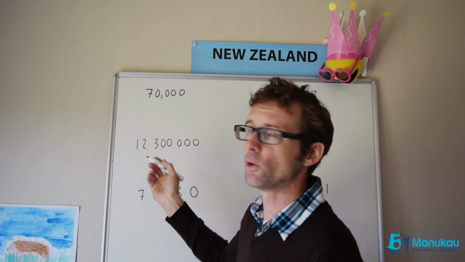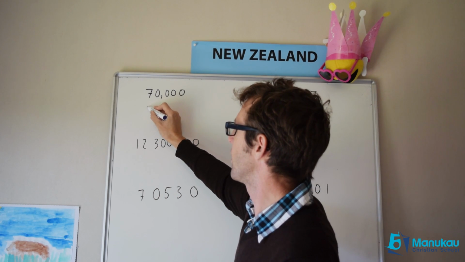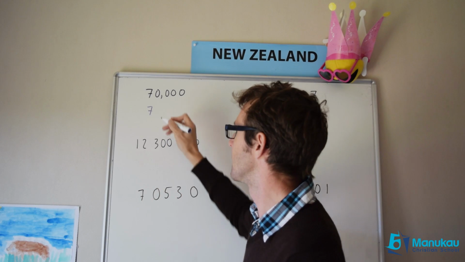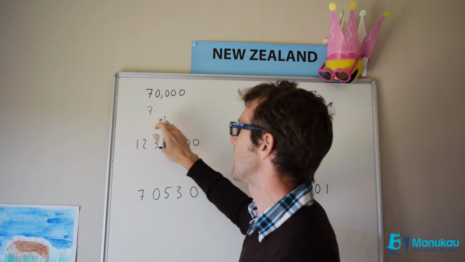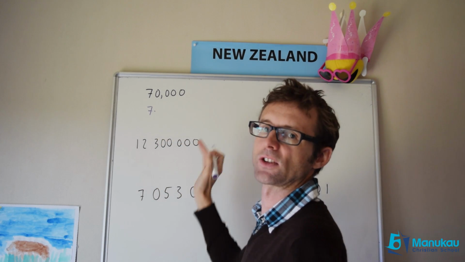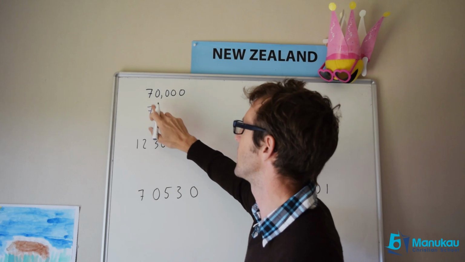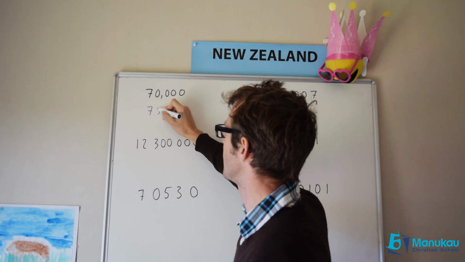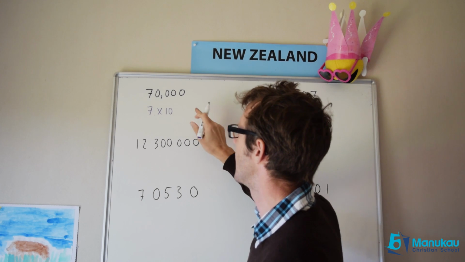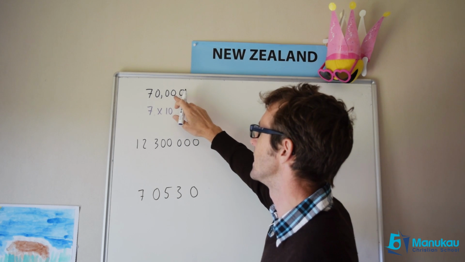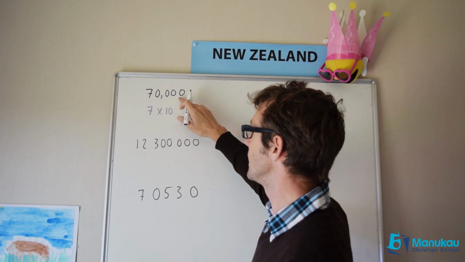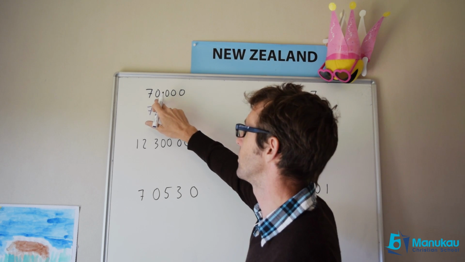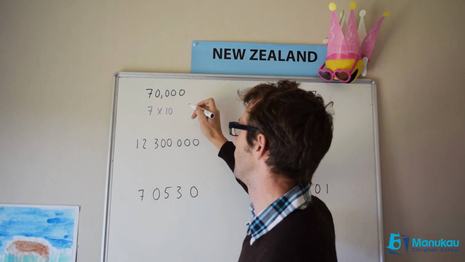With standard form, you always start off with one number in the units place. Then everything else will be on the other side of the decimal point. In this case we don't have anything because there's only one non-zero digit here. So we will say this is 7 times 10 to the power of... now you know 10 to the power of 1 is timesing by 10, so that would be there. 10 to the power of 2, 10 to the power of 3, 10 to the power of 4.